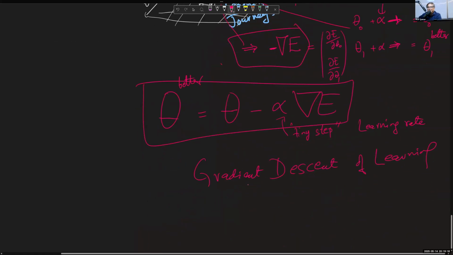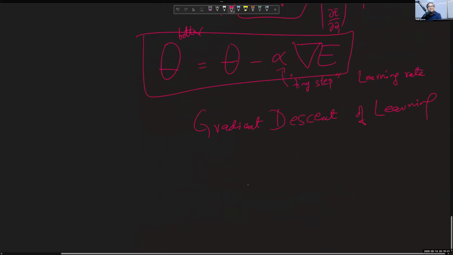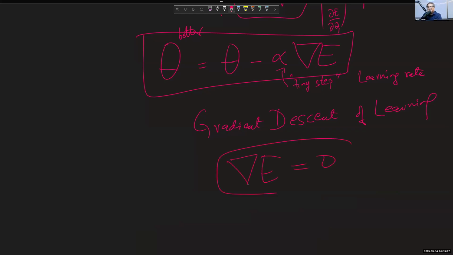What does that mean? If you keep on repeating this gradient descent step, you will essentially have to stop because you will reach a point at which the gradient will become zero, a flat surface. Flat surface means you're looking at a point in the hypothesis space, parameter space, such that if you move a little bit here or there, error doesn't change. Right? You have reached your home, you have reached your destination.